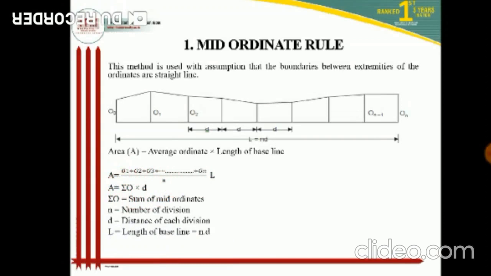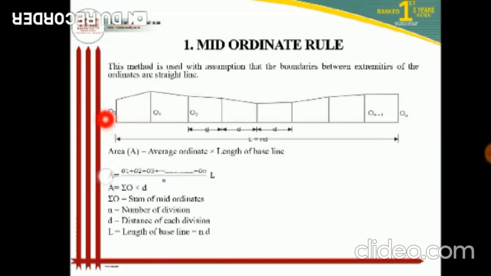Here is something important. In the mid-ordinate rule, we take the ordinate at the middle of these two offsets or ordinates. Suppose we want to take an offset in this section, so we draw a line from the middle of this section like that, which is equal to the average of O0 plus O1.